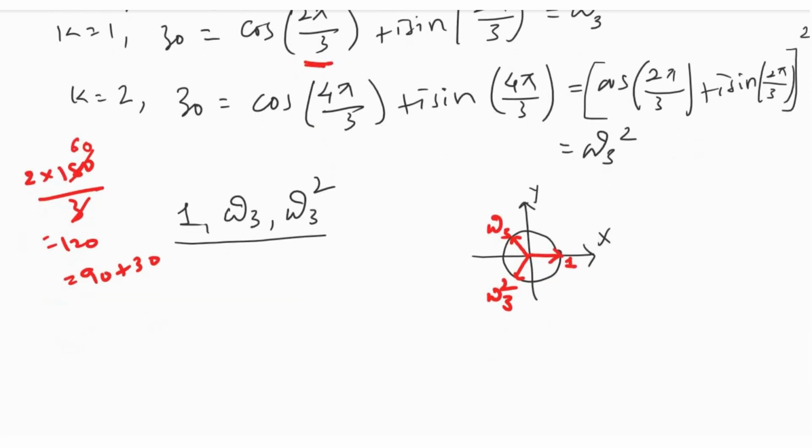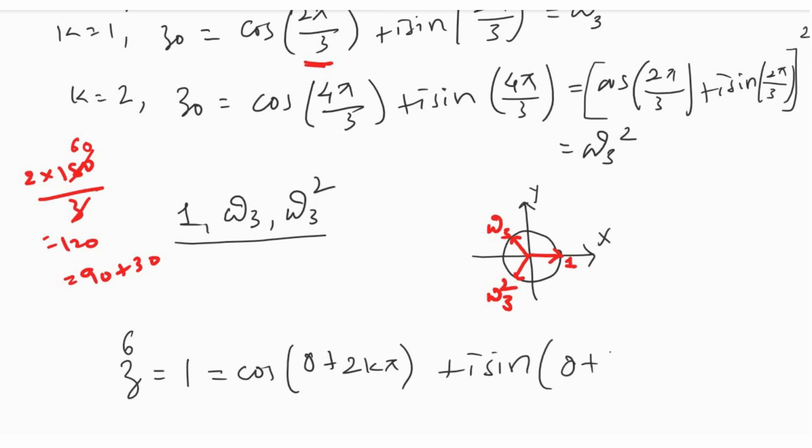Let us try to solve for 6th root of unity. That means we need to solve the equation z power 6 is equal to 1. So as we have shown above, the 1 can be written as cos 0 plus 2k pi plus i sine 0 plus 2k pi.